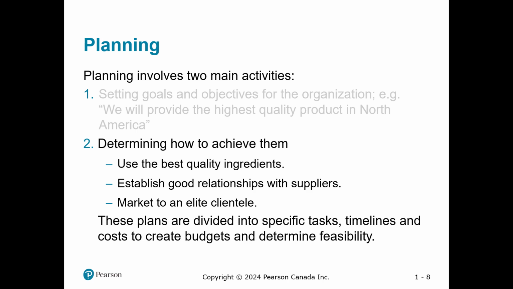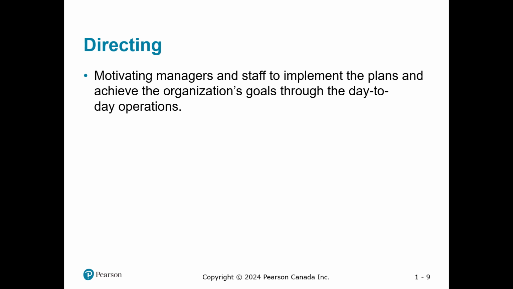We're going to advertise to the individuals who actually want to eat fresh, locally produced food. We're going to take all of our plans and make them into individual tasks. We're going to provide timelines for those tasks, and we're going to brainstorm how much it's going to cost and whether it's even feasible to do any of this. So keep in mind overall planning, and then all our plans plus timelines plus costs to achieve those goals.